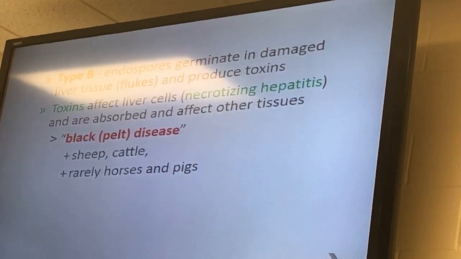If it's a light colored animal, you'll see it darken over that area. It'll be hot to the touch and painful in the early stages, and then it gets cooler or cold later on. Rarely see it in horses and pigs. It can occur, but you rarely see it. And it's called black pelt disease. So when you see that discoloration to the skin, think black pelt disease, novyi B.